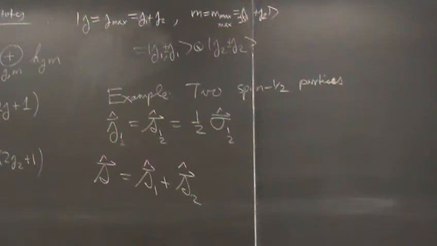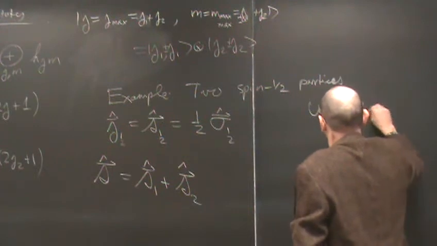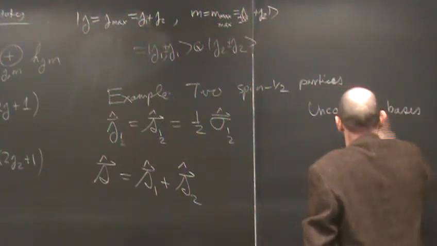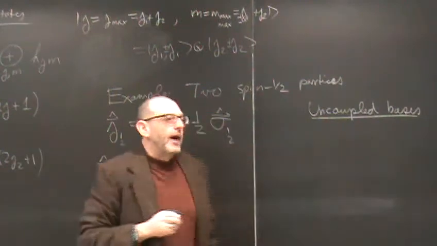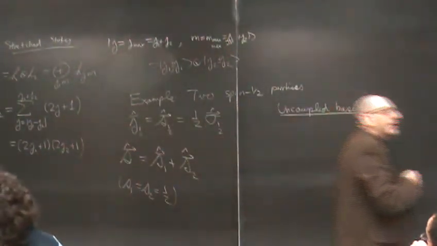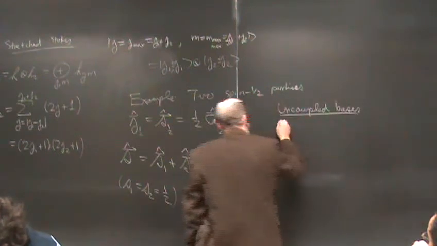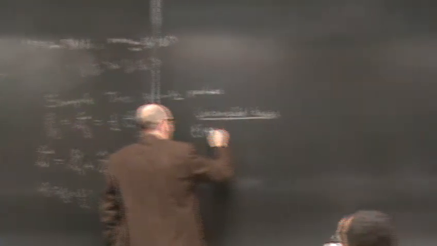Now, the uncoupled basis. Here S1 and S2, which is J1, J2, are both 1/2. Typically, if we're restricting our attention, we know that the 2 particles have spin 1/2, so we don't have to write that. For each, what we have is a basis of spin up and spin down.